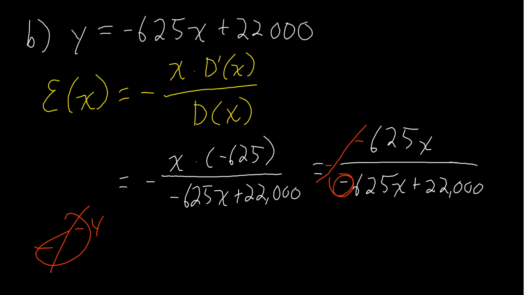This negative sign is just connected to this term. We didn't factor out a negative. If for instance it was something like this, then yes, we could cancel that negative. But since it's attached to just that first term, we're going to leave it alone. So let's go over this again.